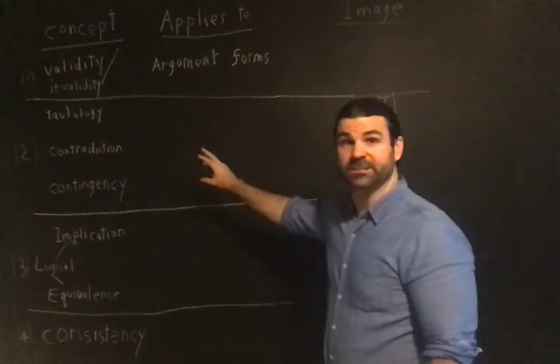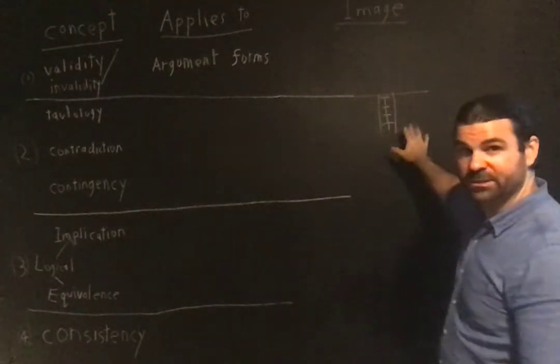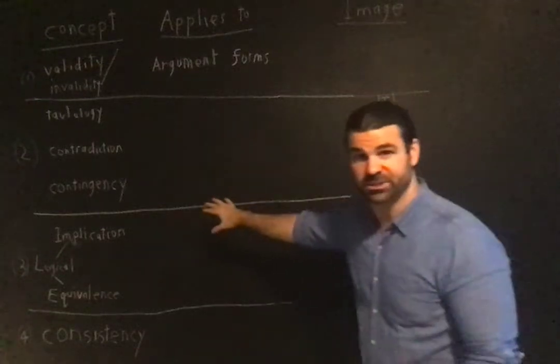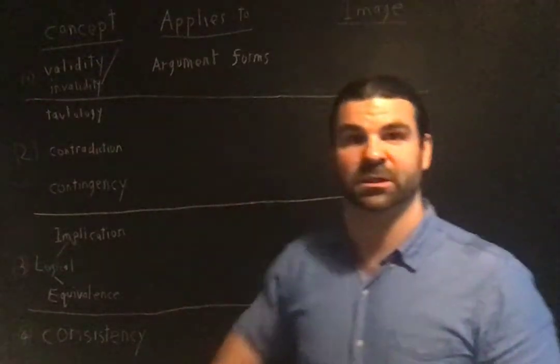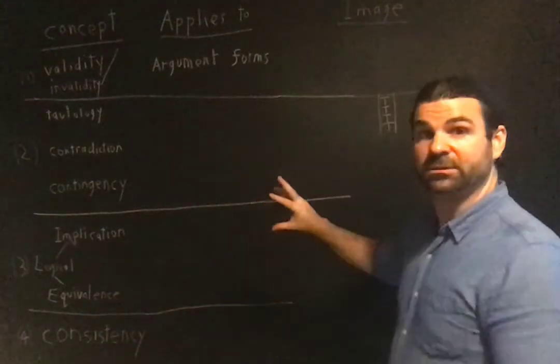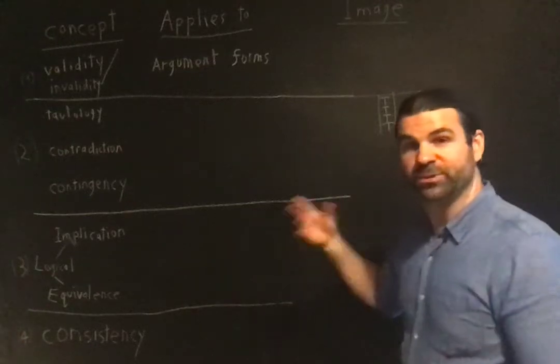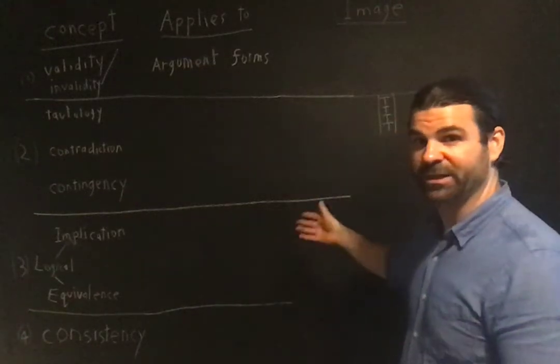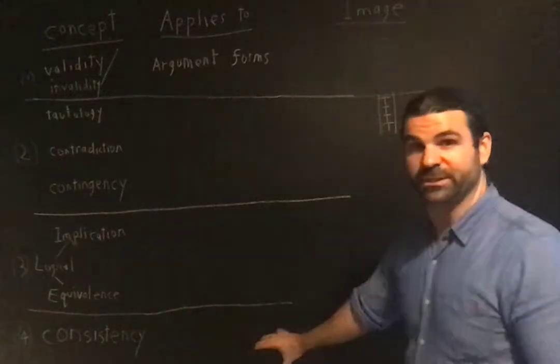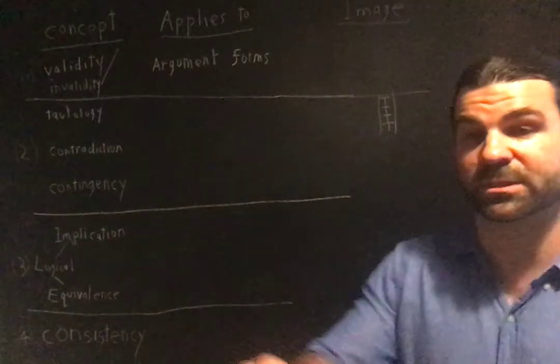Similarly, a contradiction is going to be the same but all false, and a contingency, the same but true and false. There are similar truth table defined images for all of these. For example, consistency. What is consistency?